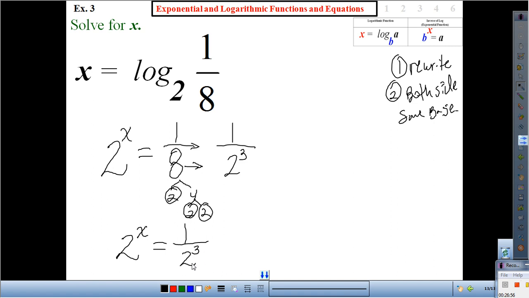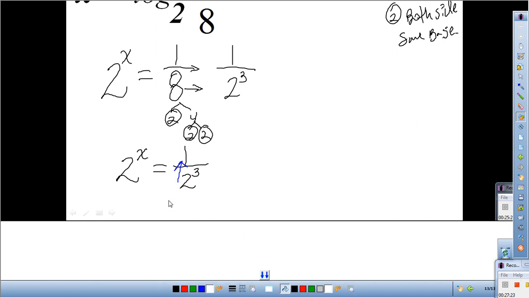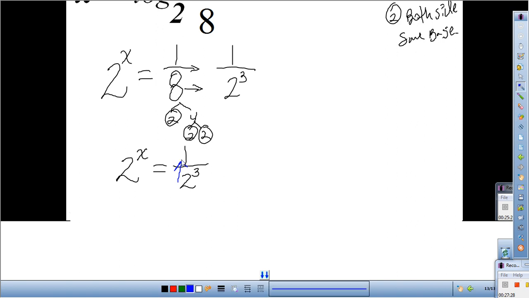So to make this not in fraction form, we need to send this 2 to the numerator. Is that correct? So if we do that, that means this becomes 2, and if it's a positive 3, we send it to the numerator, it becomes a what? A negative. And all that equals 2 to the x.